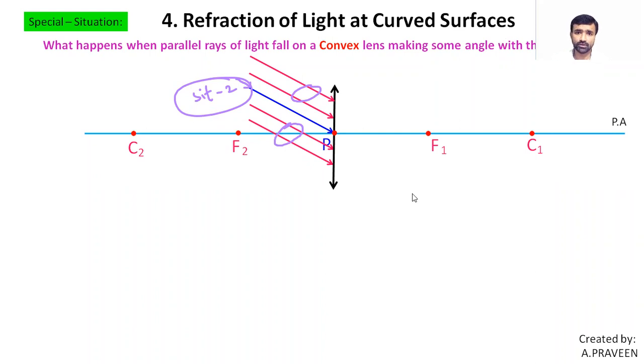Help me complete this ray diagram. Among these 5 rays, which numbered ray meets situation number 2? Second ray or third ray or fourth ray, which one? Shall I give numbers here? First, second, third, fourth, and fifth.